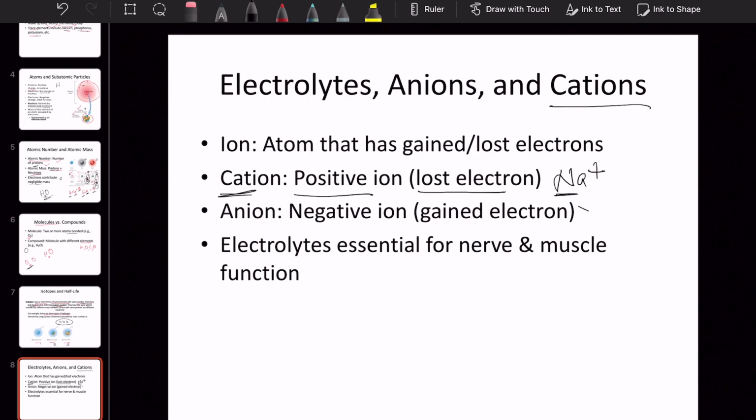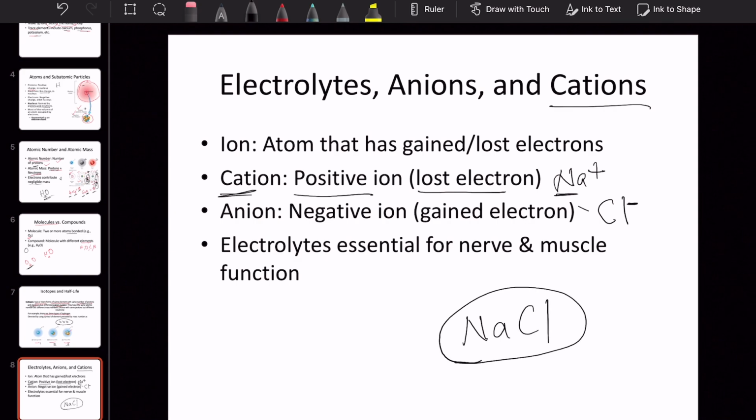Then the other one, anions, chloride ion. This will gain 1 electron from here, so it makes that negative charge. So it becomes stable NaCl, which is table salt. When you put the salt in water, it dissociates into Na plus and Cl minus.